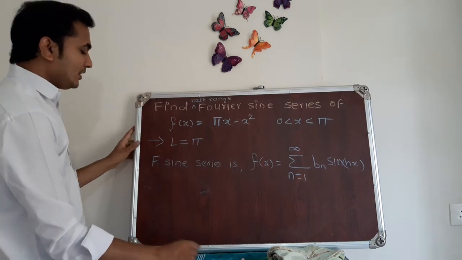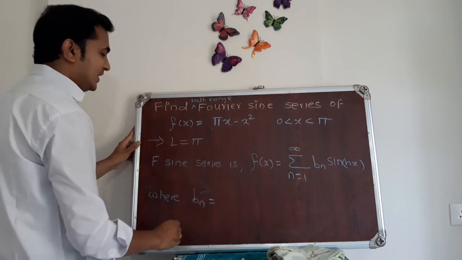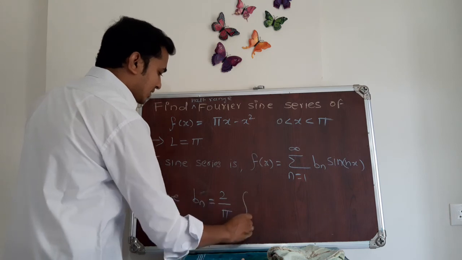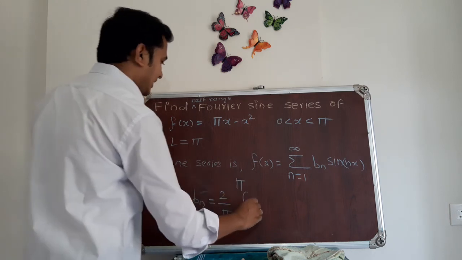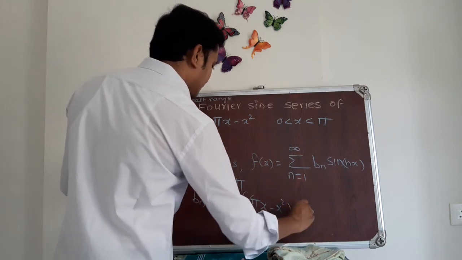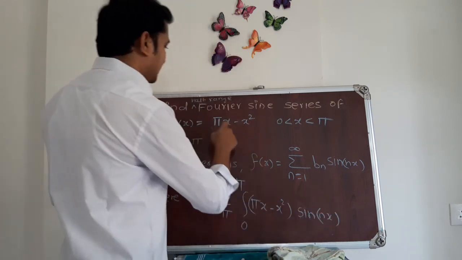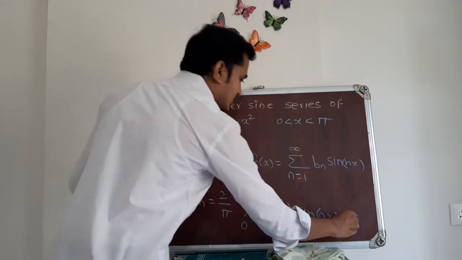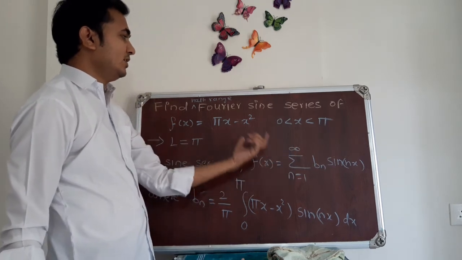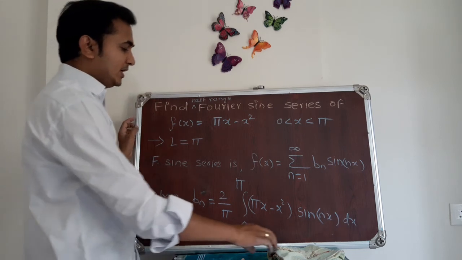Okay, where bn is 2 by L, so 2 by pi integral 0 to pi f of x, that is pi x minus x square, into sine n pi x by L, but L is pi, that will get cancelled, so sine nx dx. Okay, remember that a naught and an are 0 for Fourier sine series. So let us find out bn.